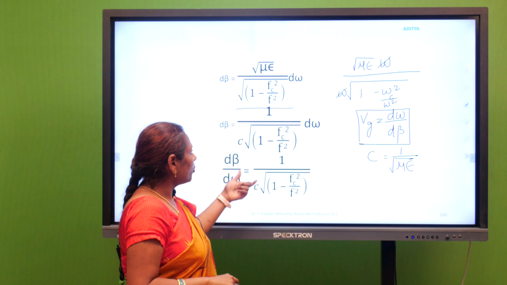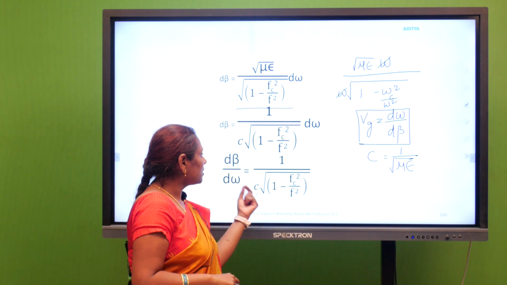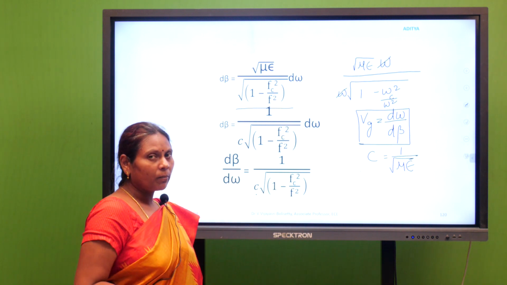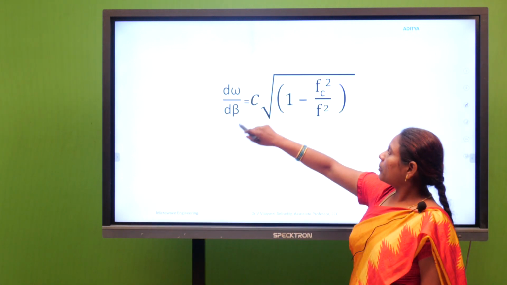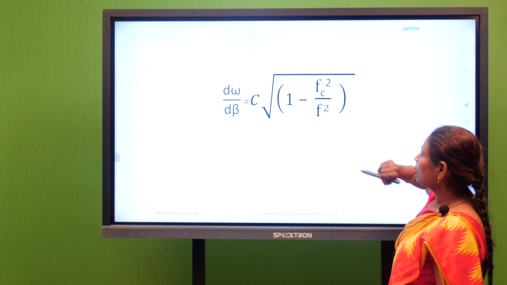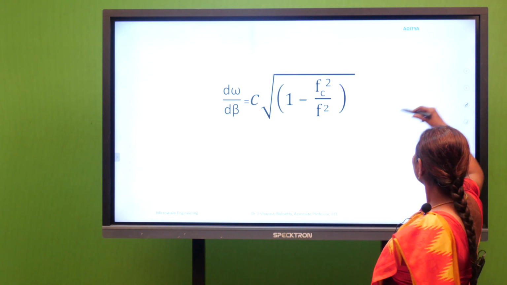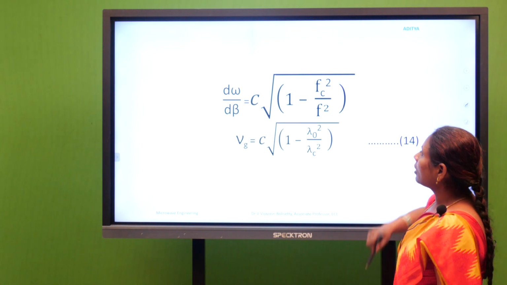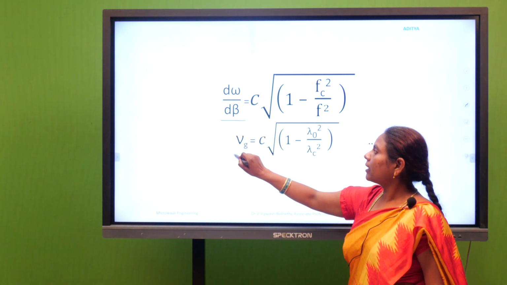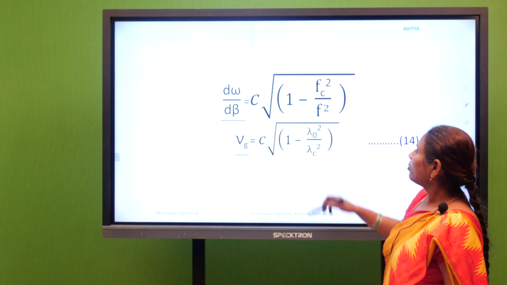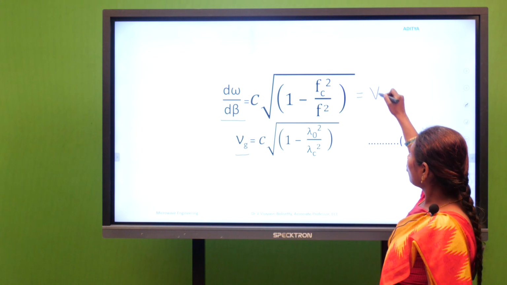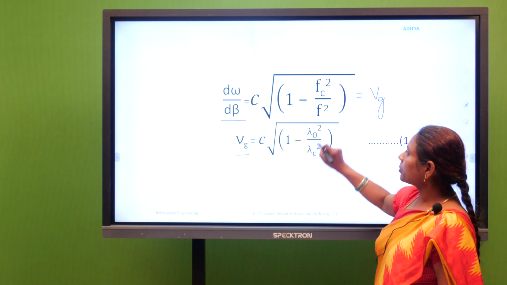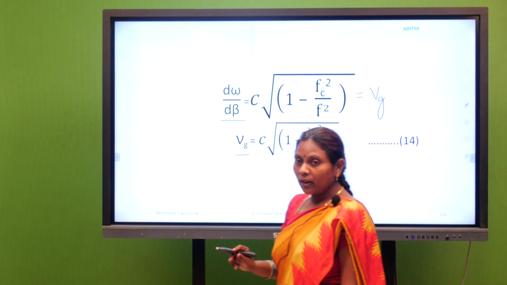Okay. So the group velocity Vg can be written as c root 1 minus fc square by f square. So d omega by d beta is equal to c root 1 minus fc square by f square, and d omega by d beta is nothing but Vg. We can express this either in terms of fc by f whole square, or in terms of the wavelength.